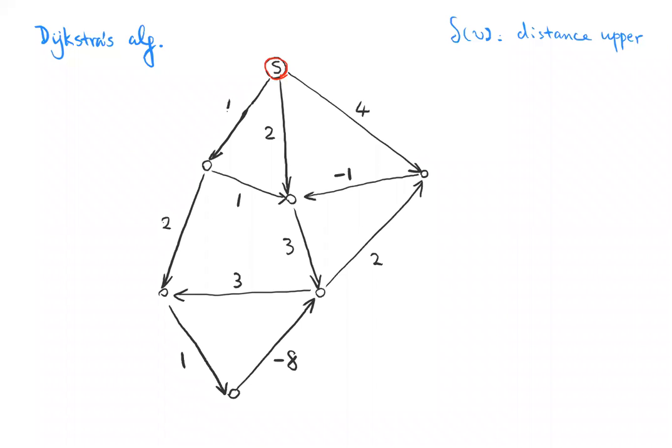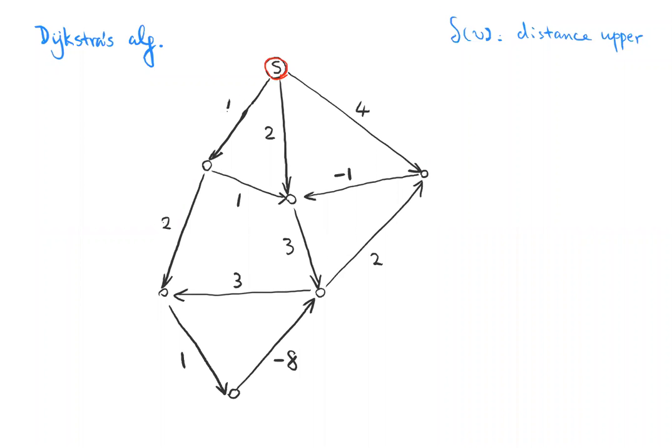All right, so initially, the distance upper bound will be infinity for all other vertices. So S is 0, all other vertices will be infinity. Now we pick a vertex with minimum value of delta.